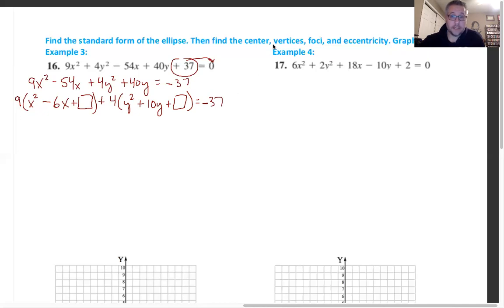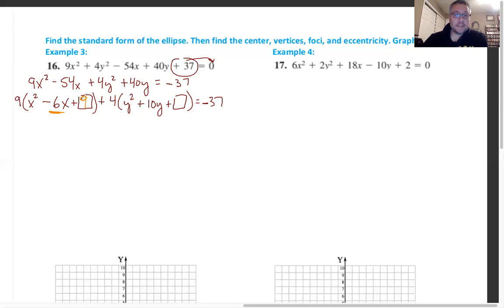Okay, now the question is, what are we going to put inside of this placeholder box? To complete the square, you take half of the x coefficient and then you square it. So half of negative 6 is negative 3, and negative 3 squared is 9.